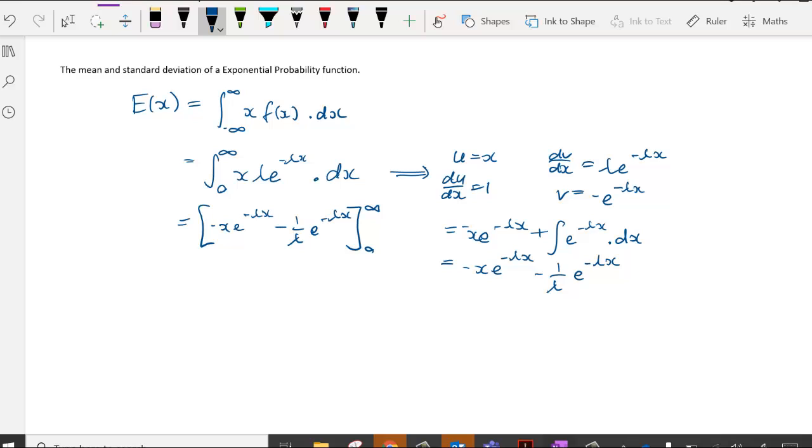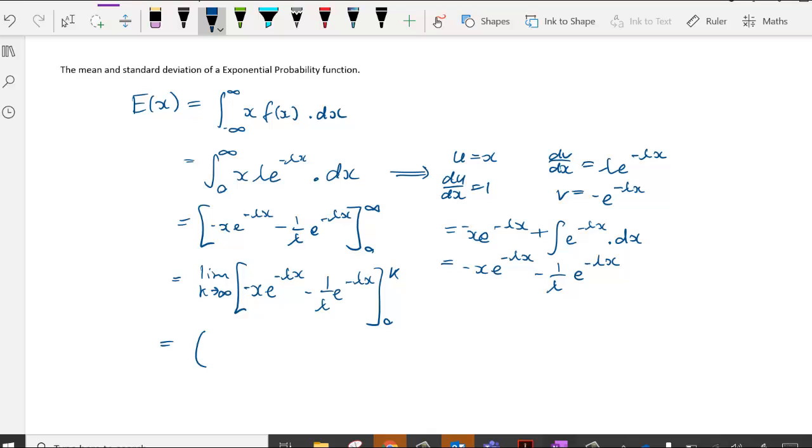Now, there's an issue when we try and sub infinity in, as infinity is not an exact value. So we can look at the limit as k approaches infinity of negative x e to the negative lambda x minus 1 on lambda e to the negative lambda x, between k and 0.